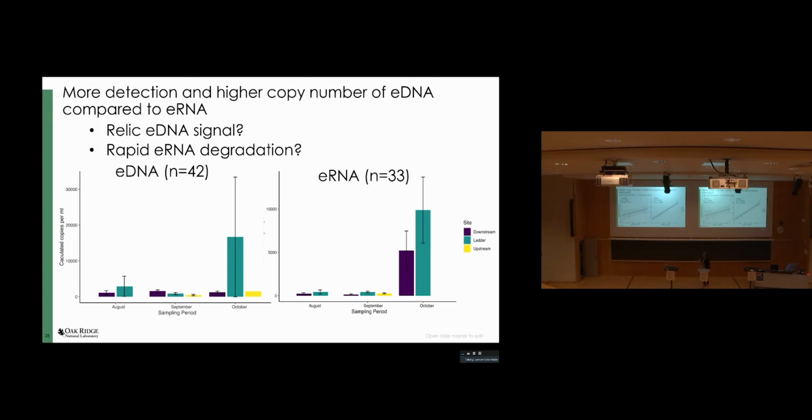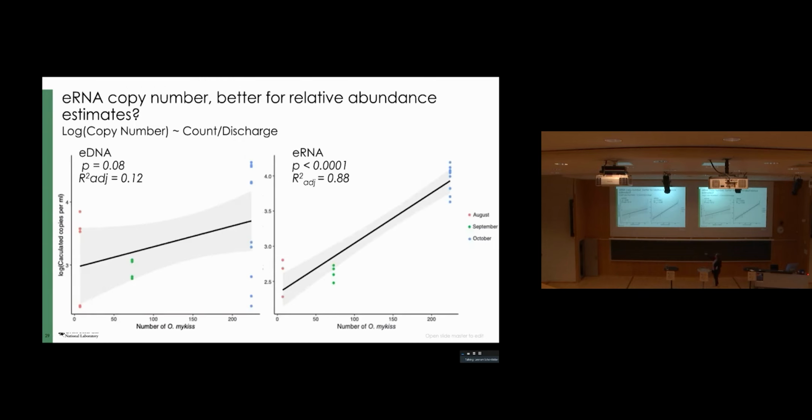Well, here is the answer. When we look at DNA and RNA with copy number, in a log format on the Y, and the count number from our videos, with DNA on the left here, it's not working. We do not have a good relationship. There's not a strong correlation between these two. But now when we look at the RNA, our R squared is much better.